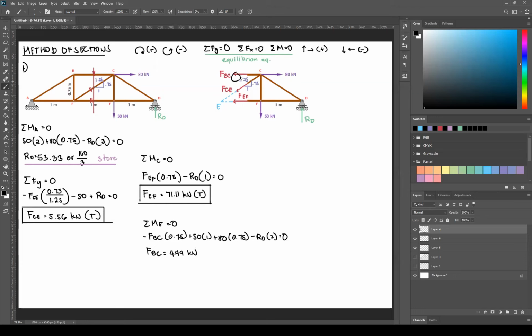Correct assumption. FBC is away from the member, so that's tension. So T.